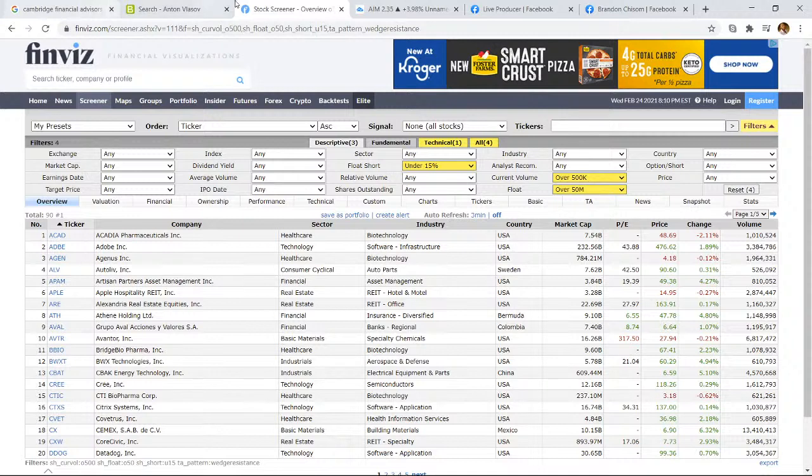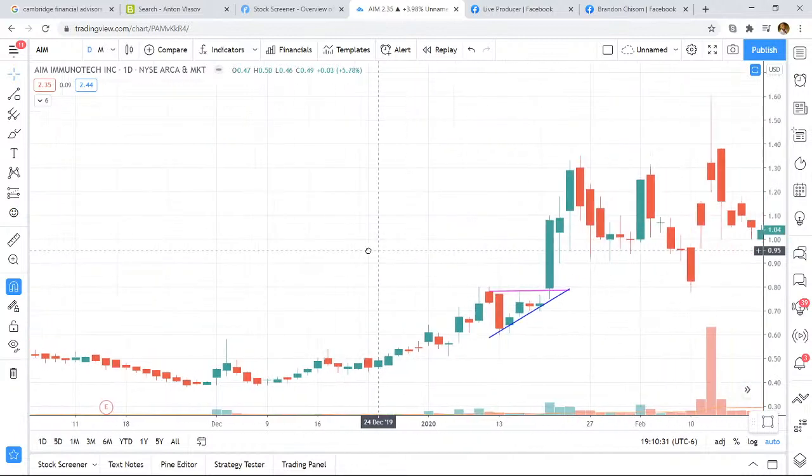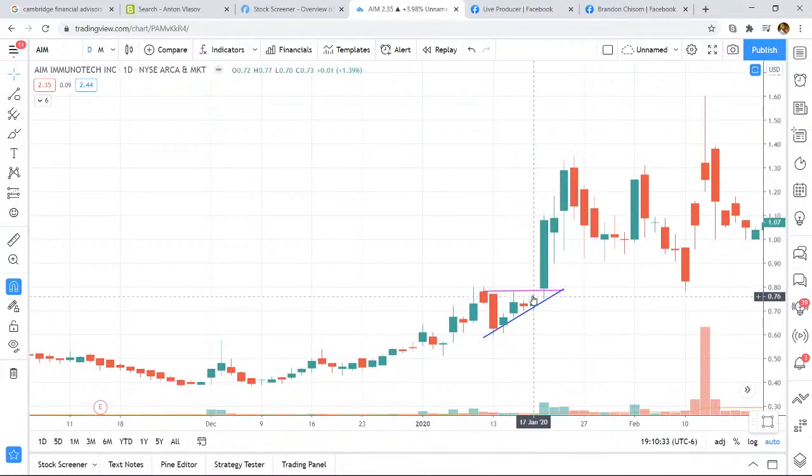The reason you want to have a stock that has a float that's short is because it can create what they call a short squeeze. And when you have an ascending triangle, this long bar here essentially is a short squeeze. Basically, people who shorted the stock were forced to cover their short positions as the stock went higher.